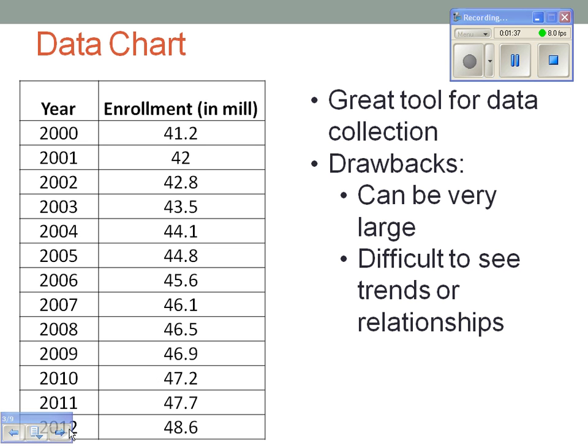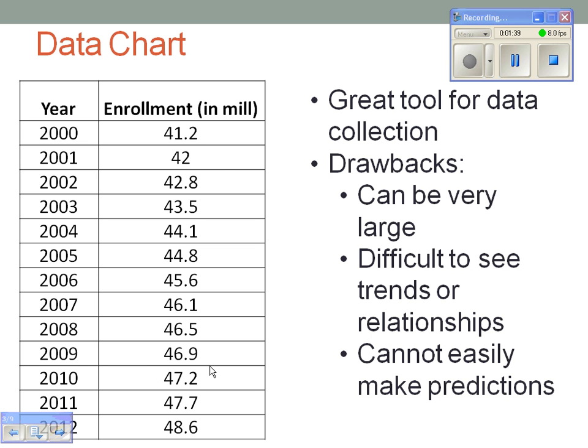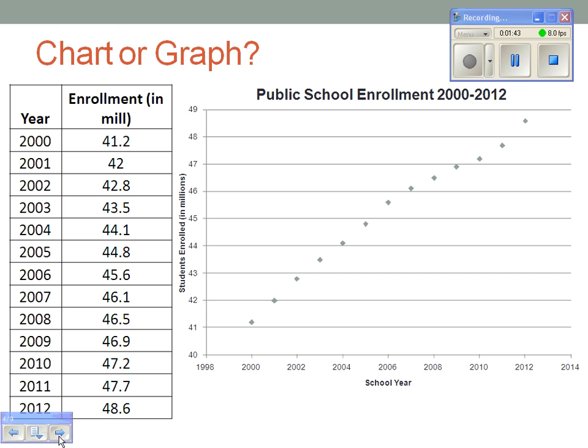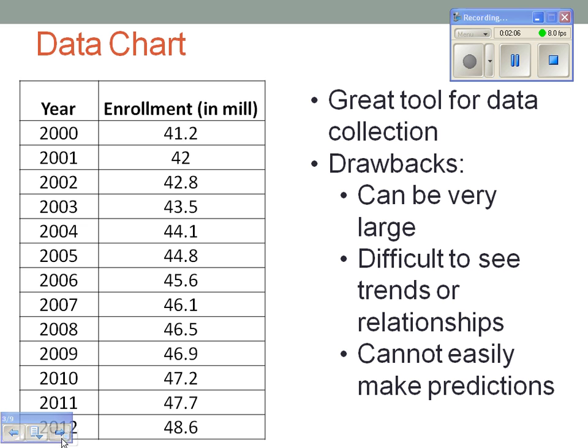It's a little difficult, a little time consuming, and a little difficult to make predictions. As opposed to a graph like this, which you can look at in a flash and tell me, yep, the enrollment's gone up and it looks like it's probably going to continue to go up. That's the big difference between chart and graph.